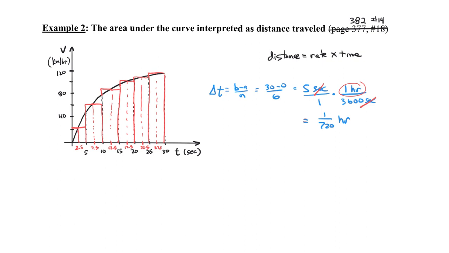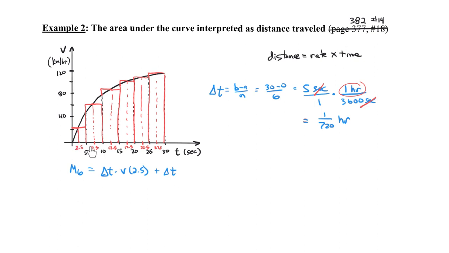So if we're going to calculate M sub 6, we just have to find the areas of these 6 rectangles. The first one: the base is delta t, so the base is delta t times the velocity at 2.5 seconds. Then we add the second one, plus delta t, which we just calculated over here.